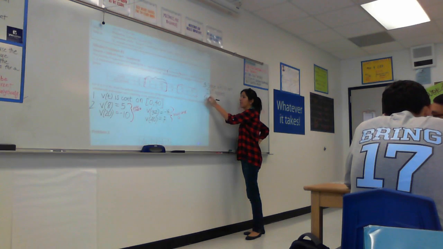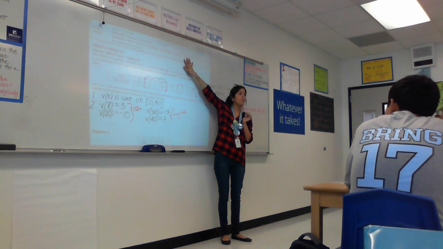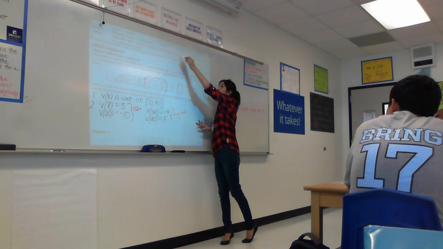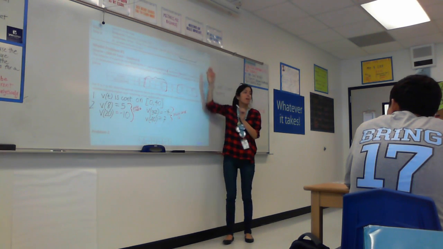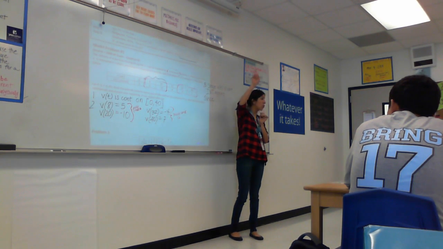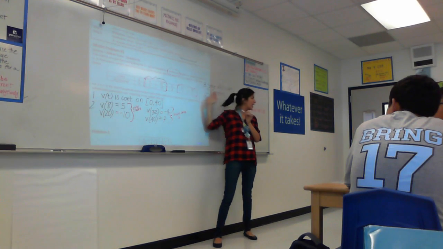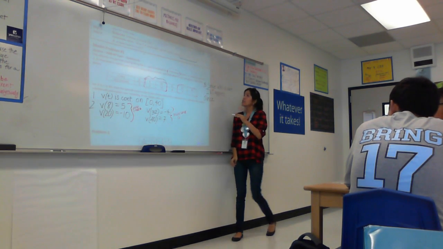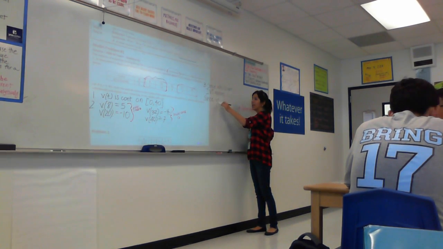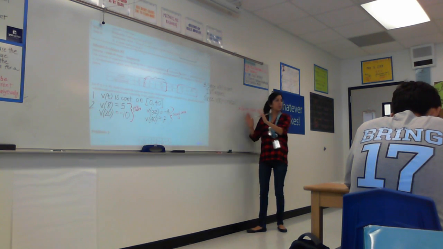Since, and here's where I'm going to stray a little bit from my template because this is very generic and I'm going to make it super specific to this problem. And I'm going to do it twice because I've got to show from the 8 to 20 and the 32 to 40. So since v of 8 is less than 0 and that's less than v of 20. Are you with me here?